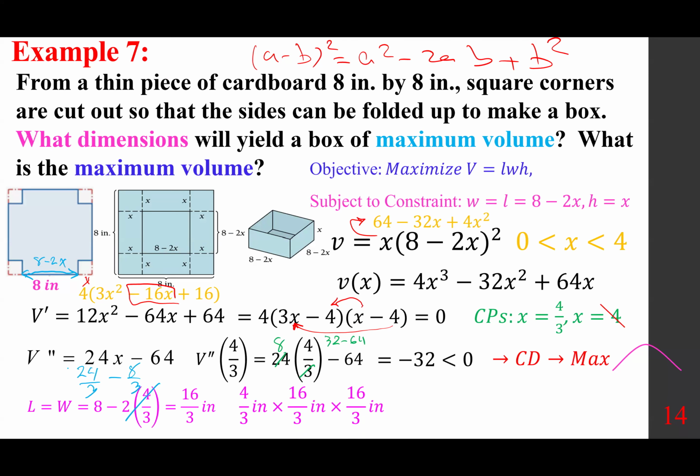So 4/3 by 16/3 by 16/3. What is the volume? 1024 over 27, or 37 and 25 over 27 cubic inches. These are exact answers, class, okay? When you have fractions, don't change them to decimals unless they ask you. So those are the exact answers that we were looking for.